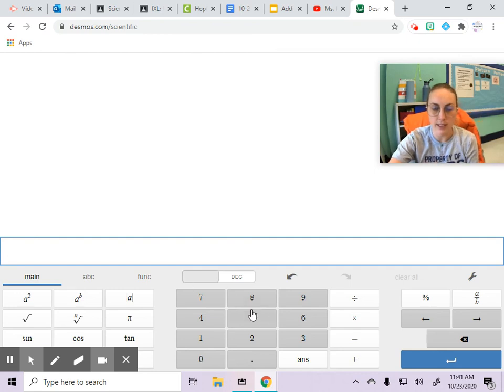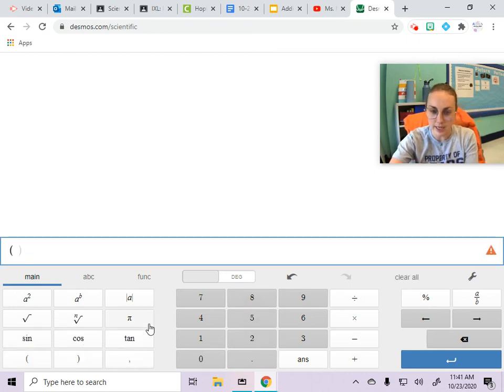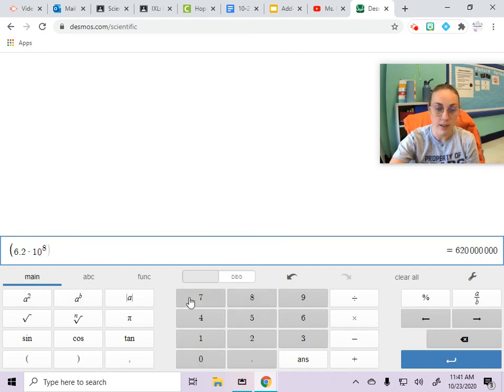So how you do this is you're going to open your parentheses and you're going to put in the numbers. So 6 and 2/10. You're going to multiply that by 10. You're going to add an exponent of 8. And then you're going to hit this arrow over here and then add that second parentheses and close that.